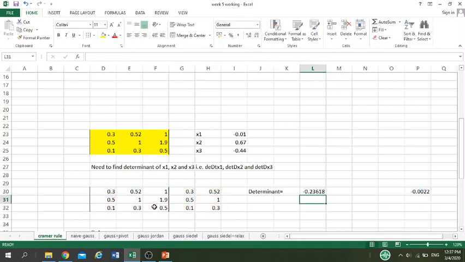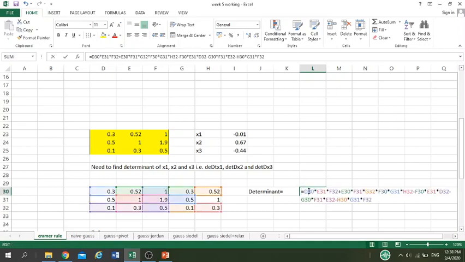Wait a minute, I think there is an error here.